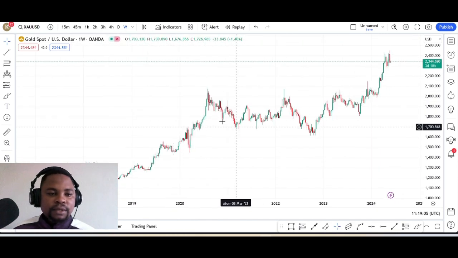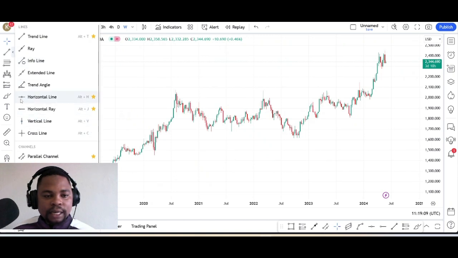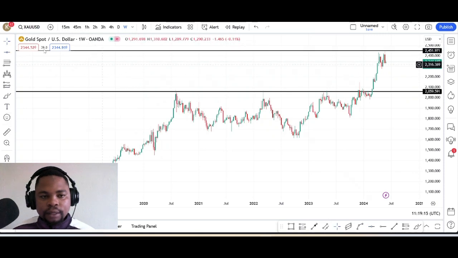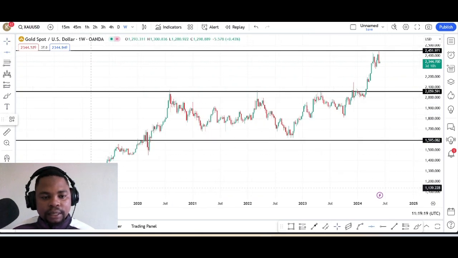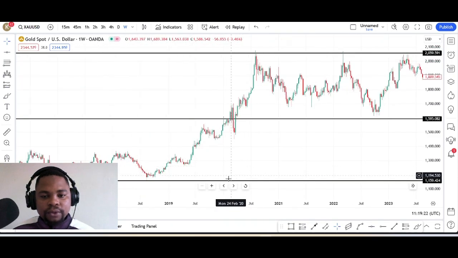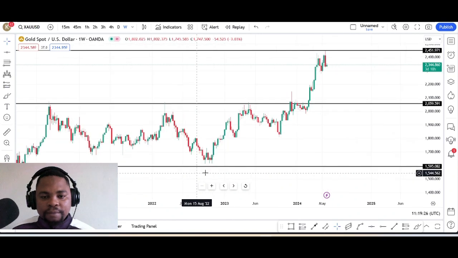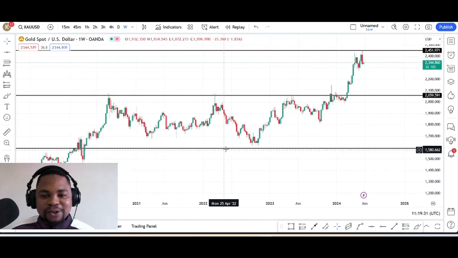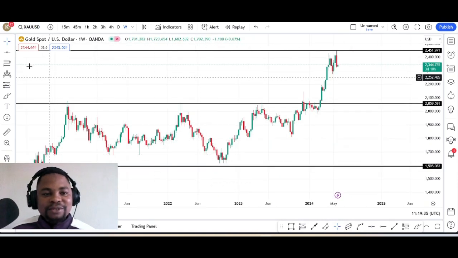Same vibe. I will start by introducing the horizontal lines, which act as my support and resistance structures. There it is. I make it look very easy when I'm doing it in front of you, but when you do it, it becomes maths and physics. It becomes BMI. For those of you who are familiar with NW, you know the course that is called BMI. It's not for small babies, that one.